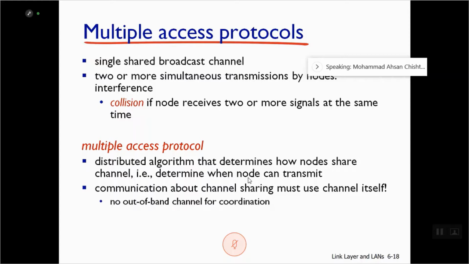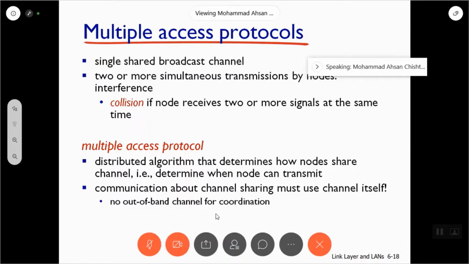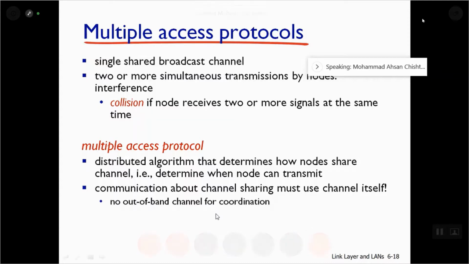Like for example, in class, to stop everyone speaking, we would use some kind of protocol in which we make sure that there is no noise. I will give everybody a chance to speak.